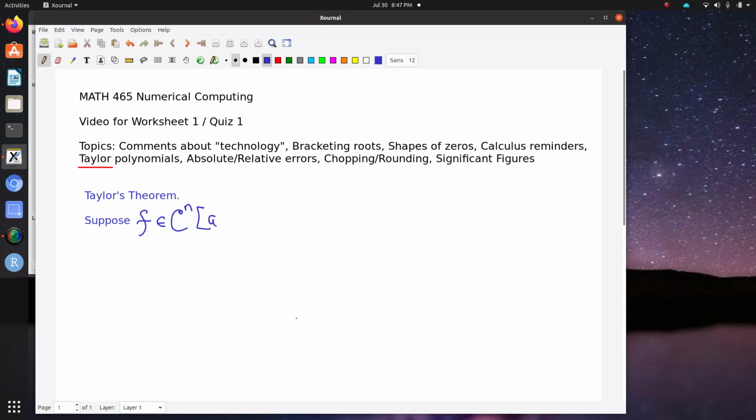I think it'll become obvious why I have to do that as this theorem starts opening up. Okay? All right, so we have as many derivatives as we need, and not only that, we have an extra derivative here. Exists on a to b.